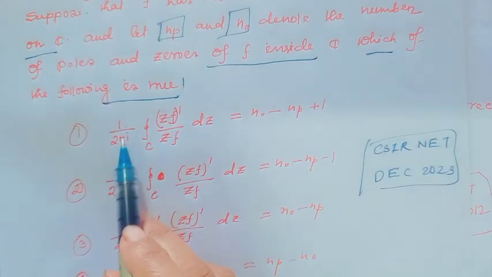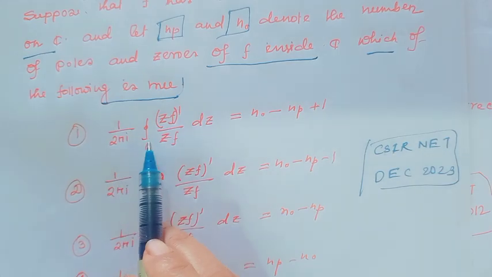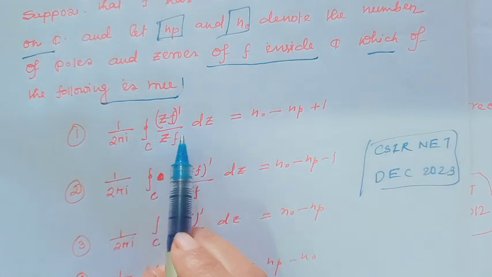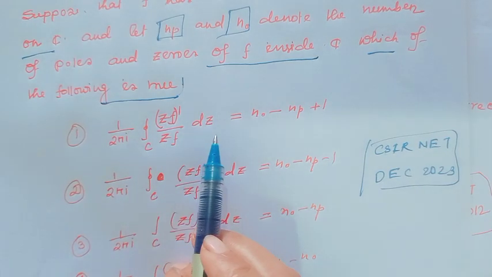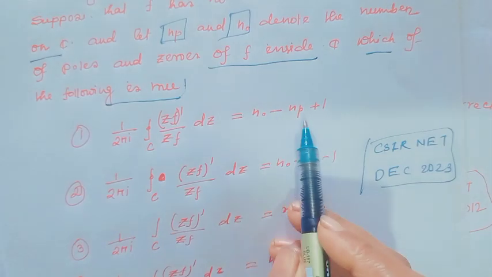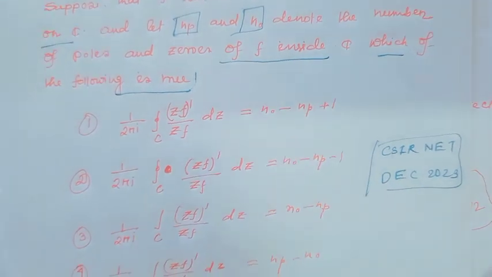Notice option 1, 1 over 2 pi i integration over C of z f dash over z f dz equals N naught minus Np plus 1.